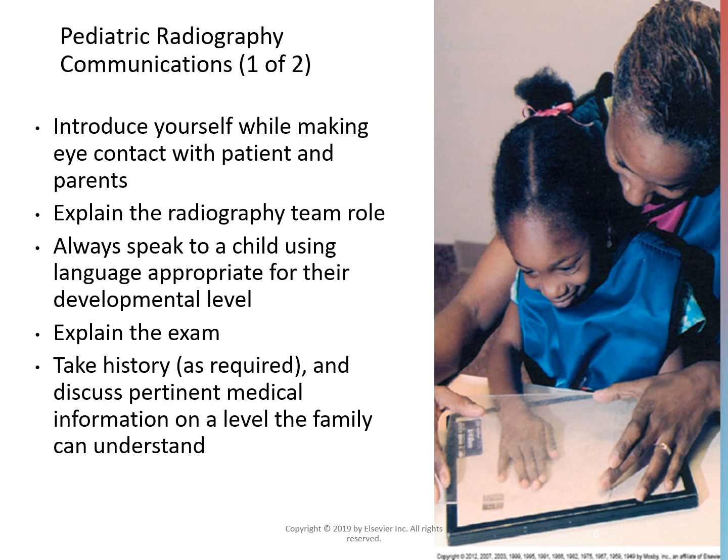Use age-appropriate language for the child. The child's not going to understand inspiration and hold, and many of the adults aren't going to understand that either. The child's not going to understand why this big scary machine is being aimed at them.